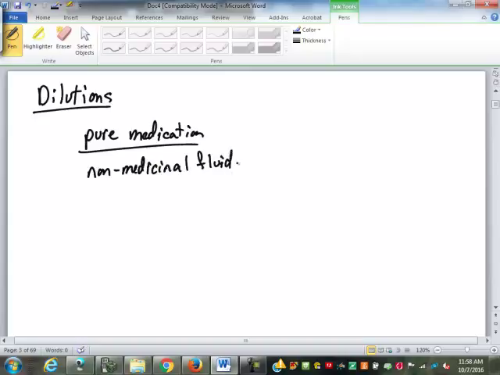Stretched me to the limit of my spelling capacity there. Sorry about that. So a pure medication into a non-medicinal fluid. The terminology we would use for this, we would use serum for pure medication. Our non-medicinal fluid, we're going to use the abbreviation NS.